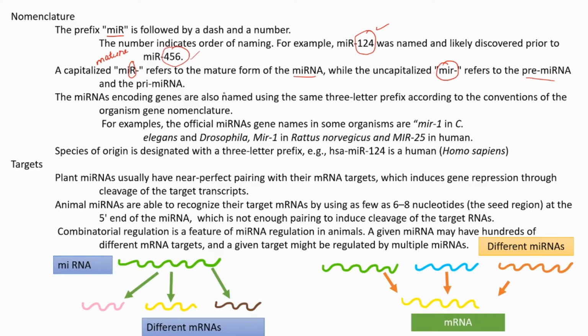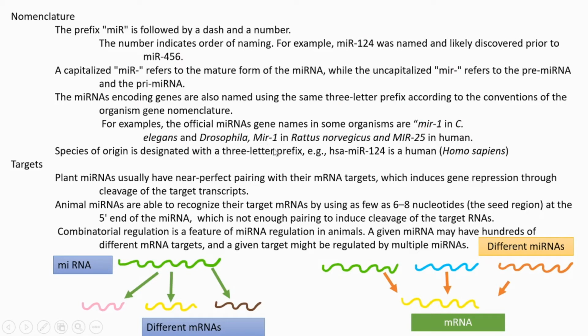Then how are we naming the encoding genes? Those genes are also named using the same 3-letter prefix. Clear? Then if we want to mention the name of the organism in which that miRNA is identified, in what way do we express that? That is MIR1 in C. elegans. 1 means the first one discovered, in C. elegans.